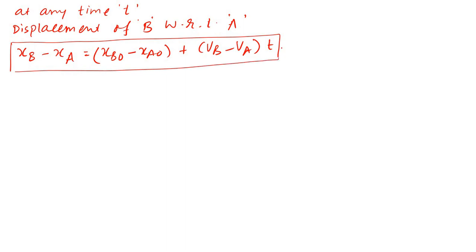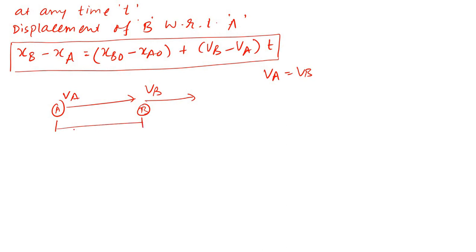So that means A was moving in this direction, B was at a different location and started moving in the same direction, with velocity VA and velocity VB. So now what is going to be the case? First, if VA is equal to VB, then whatever is the distance between them, this is nothing but XBO minus XAO.